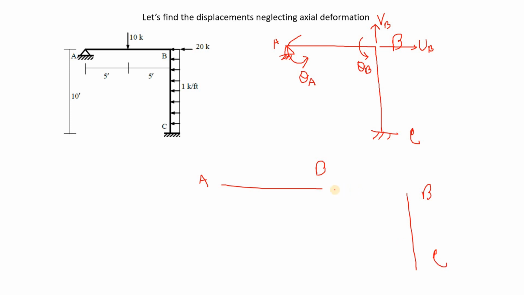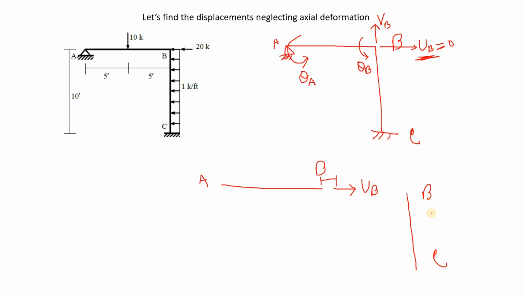You can see the deflection UB, this UB right here, is actually causing axial deformation to member AB. So we're going to consider UB to be 0 because we're considering axial deformation to be 0 or very negligible.